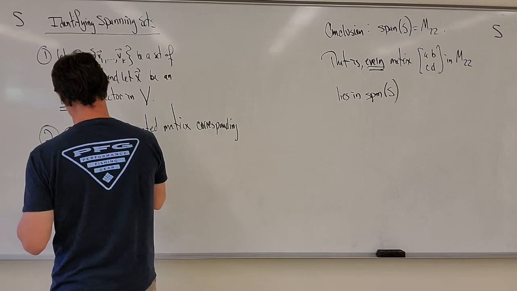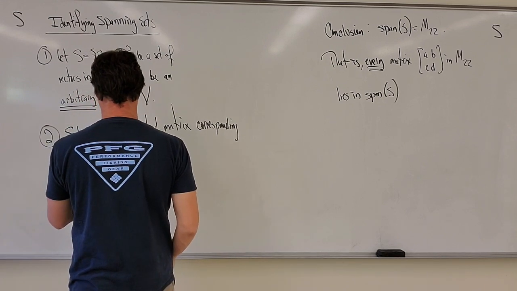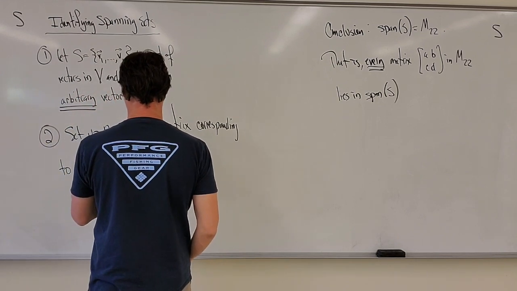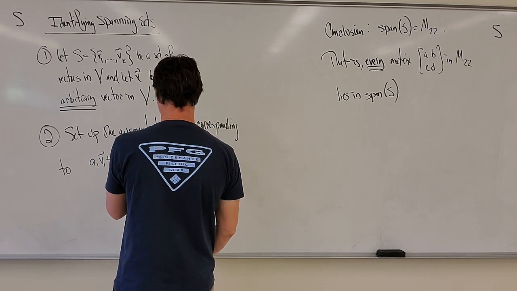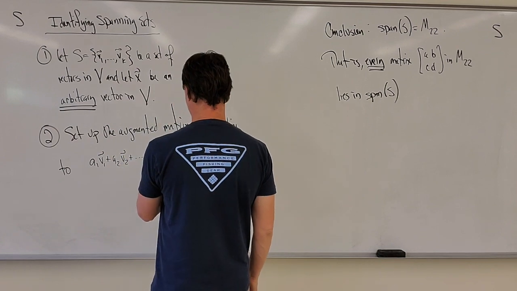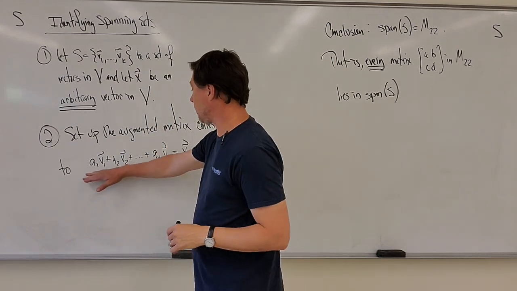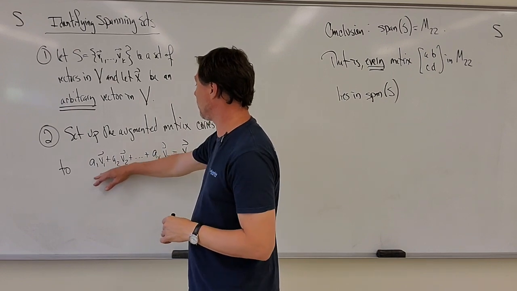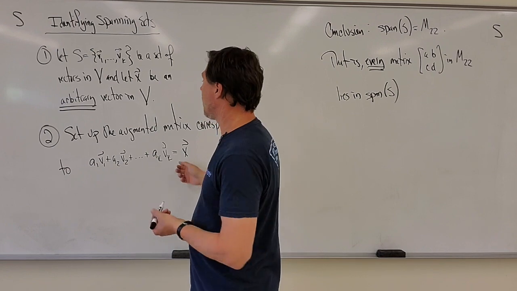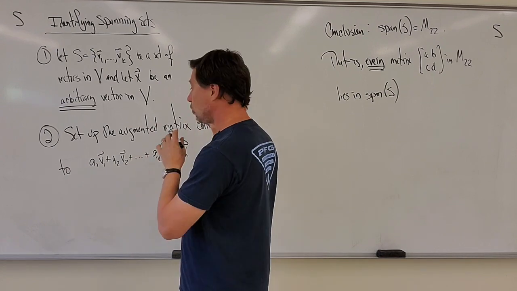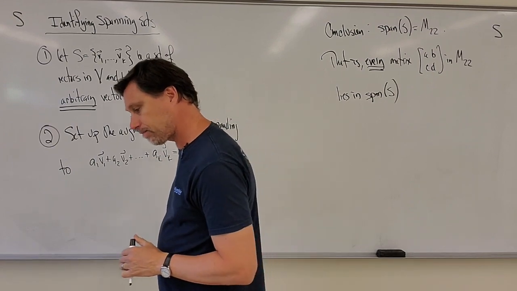Let me use different letters here. a1 times v1 plus a2 times v2 plus a sub k times v sub k equals x. So when you write this down, we've got the linear combination of the v's on the left-hand side, we have our arbitrary vector x on the right-hand side. That will correspond to a linear system, and that will then give us an augmented matrix.